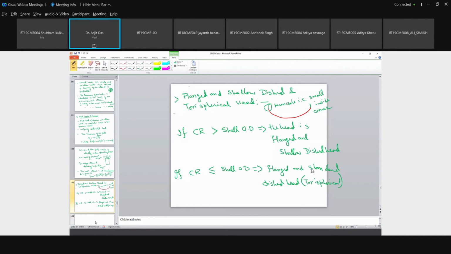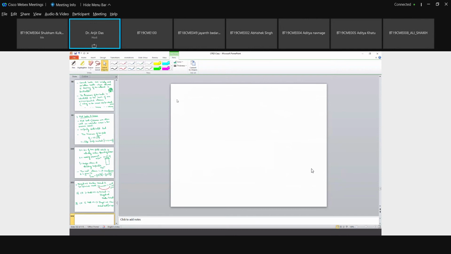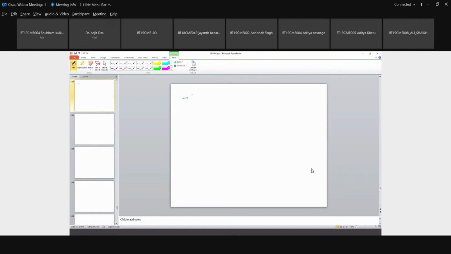Next, now to increase the pressure rating of flanged and disc head.